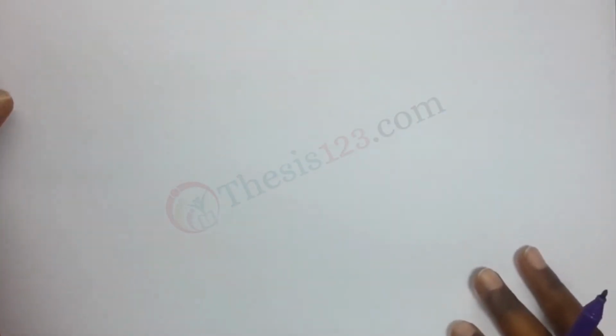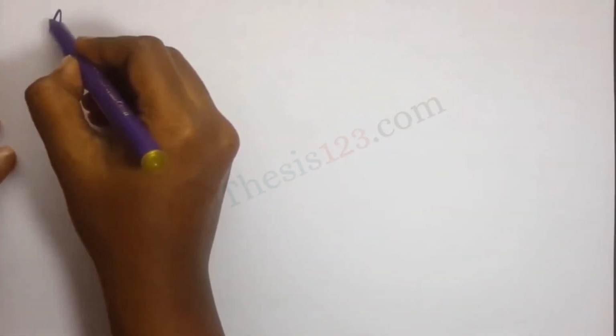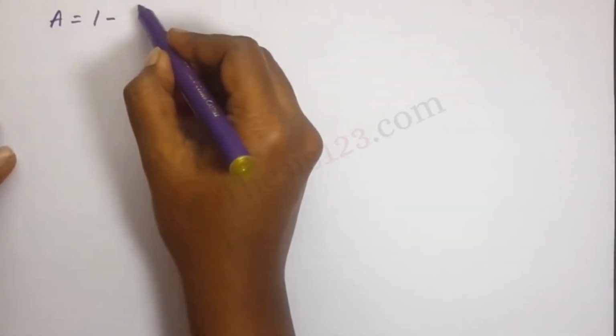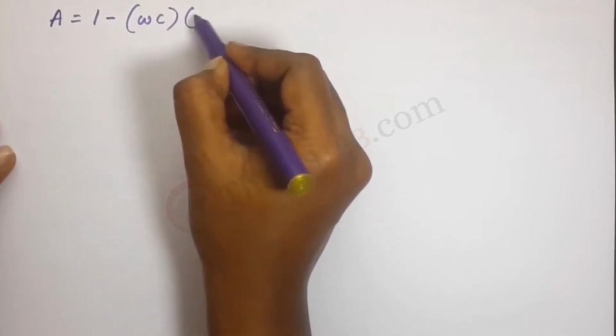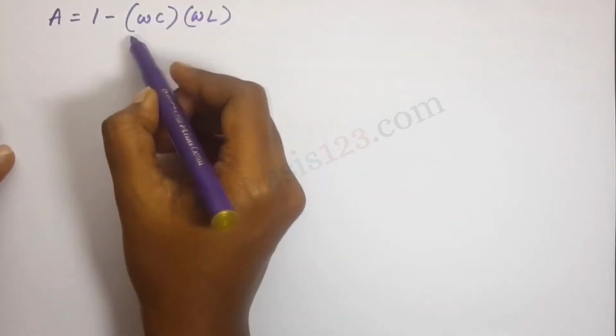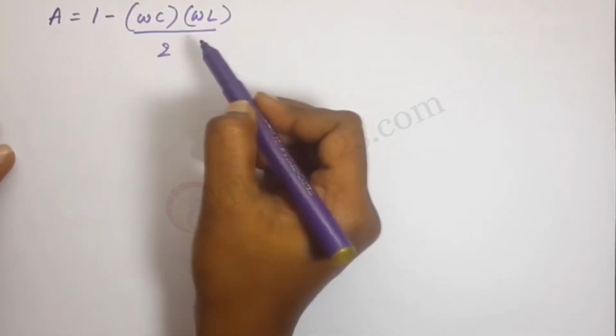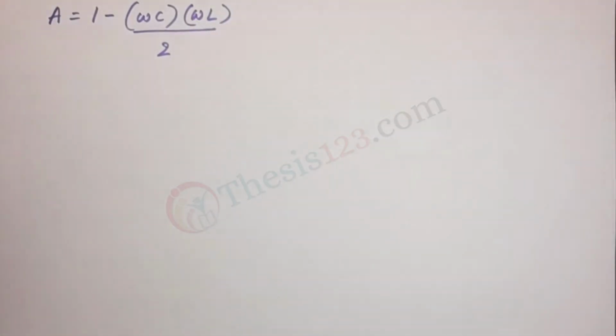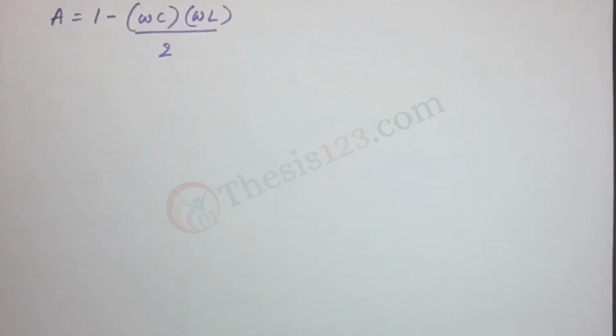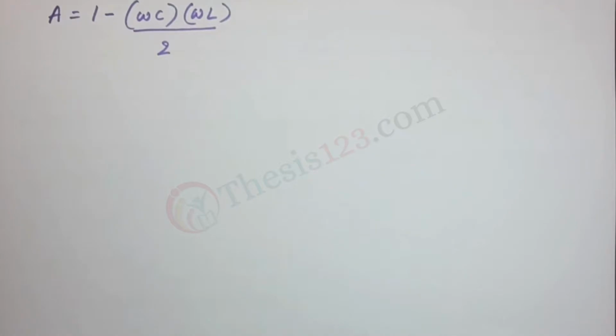Here, let me show you. So we have A is equal to 1 minus omega C times omega L divided by 2. Now the next step is to write the equation in terms of phase shift constant and the length.